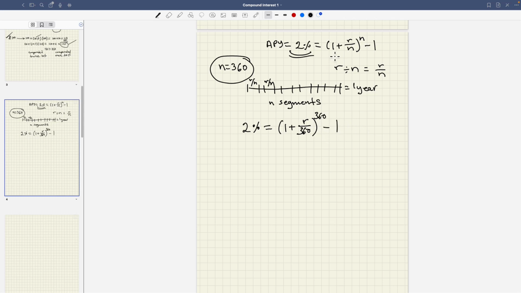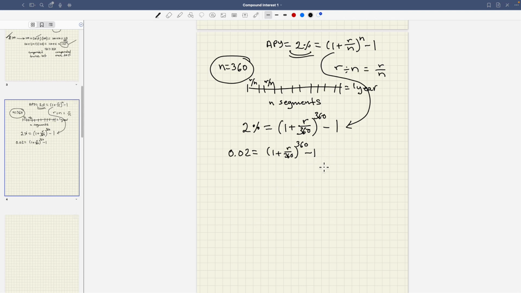This is the formula. And of course, 2% is nothing more than a decimal, so that is 0.02 equals (1 plus R over 360) to the 360, minus 1. We're doing baby steps here, so we can keep track of where everything goes and comes from.